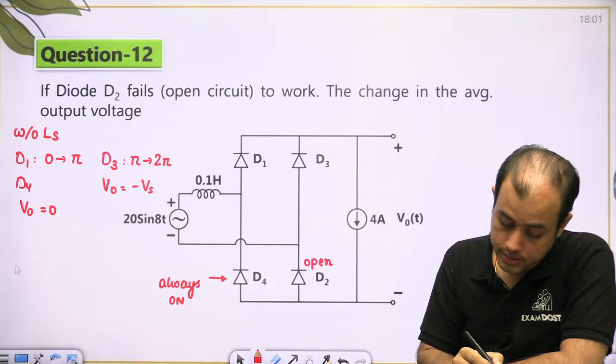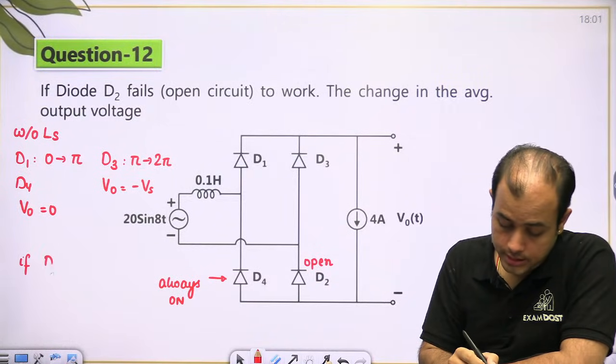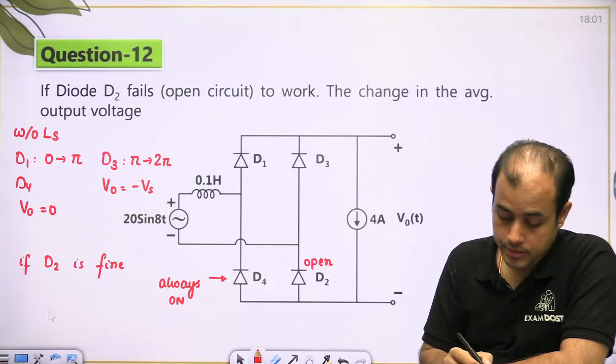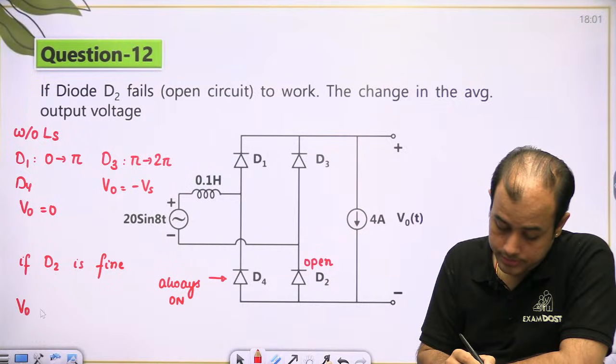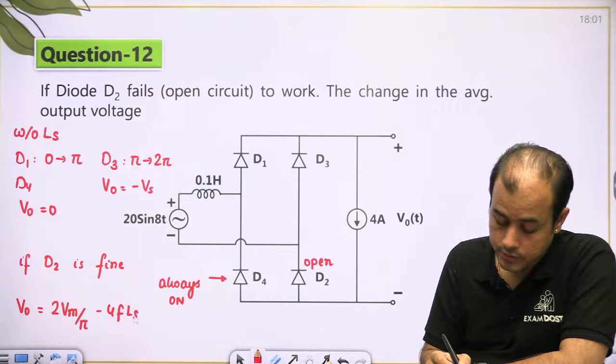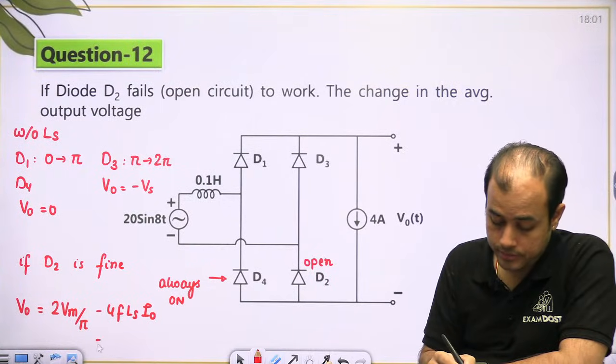तो बेटा if D2 is fine, V0 is 2 Vm by pi minus 4 FLS I0.